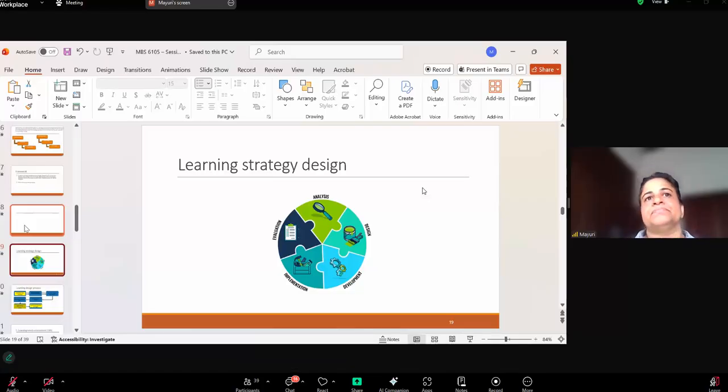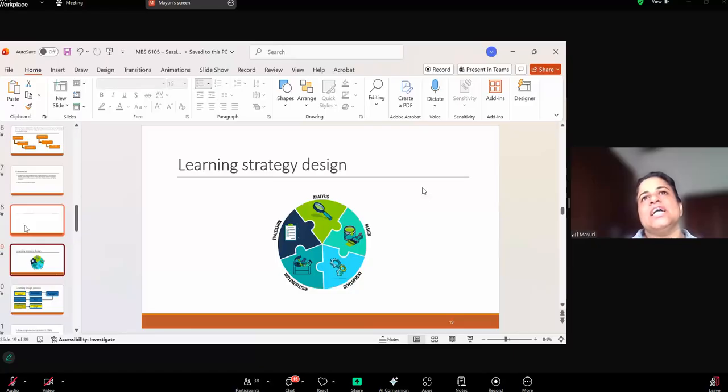Instead, we have different methods. Some examples are the ADA model: act, design, plan. ADA model.